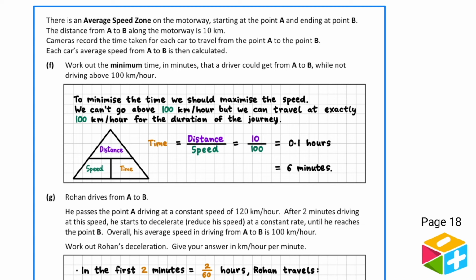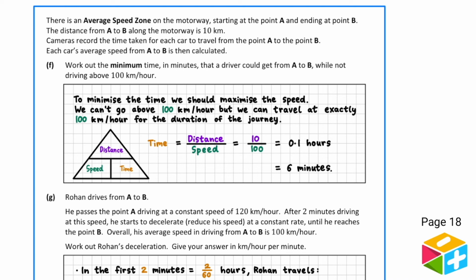Well, the larger the speed is, the shorter the journey will take. So if we want to minimize the time, it makes sense to maximize the speed. Our speed is never allowed to go above 100 kilometers per hour. However, we can travel at exactly 100 kilometers per hour for the duration of the journey.